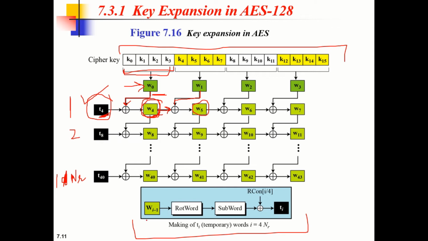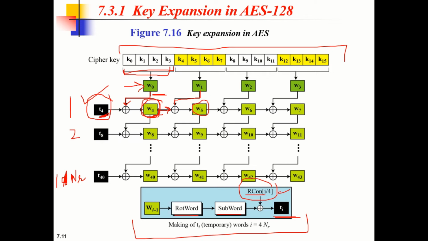So what we do is we perform some operations, and then we get this temporary word, and those operations are rotation, then substitution, and then this constant value we have. I'll tell you the constant value for each and every round, right?